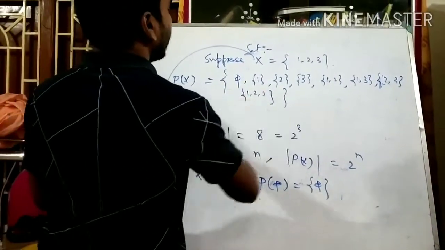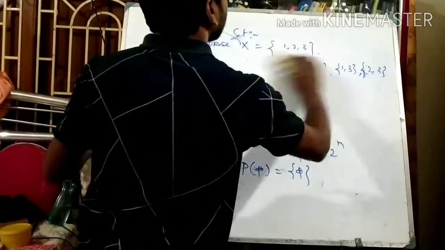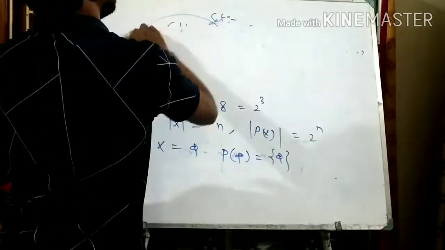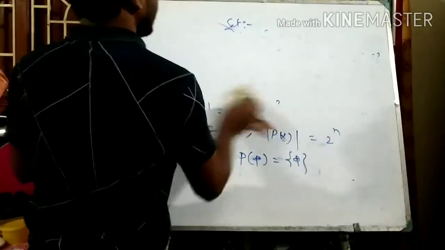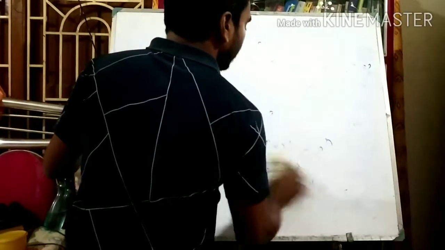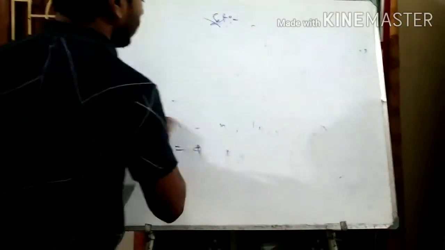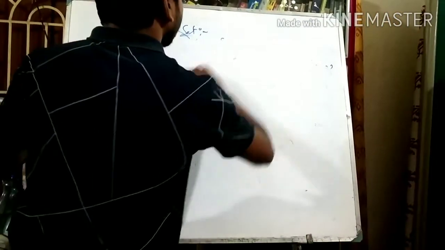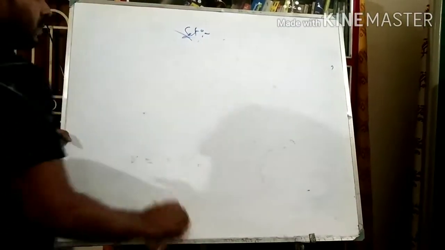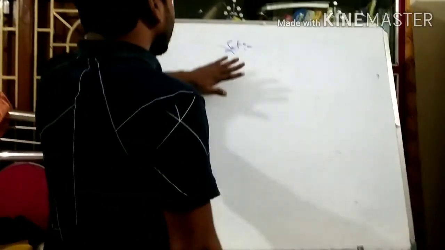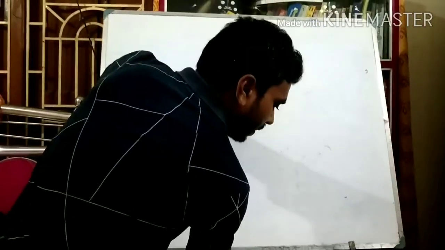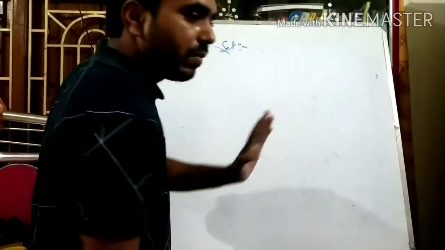Okay. Now, once we understand the definition of a set, we try to understand what the operations on a particular set are. So, in fact, there are mainly 3 types of operations.